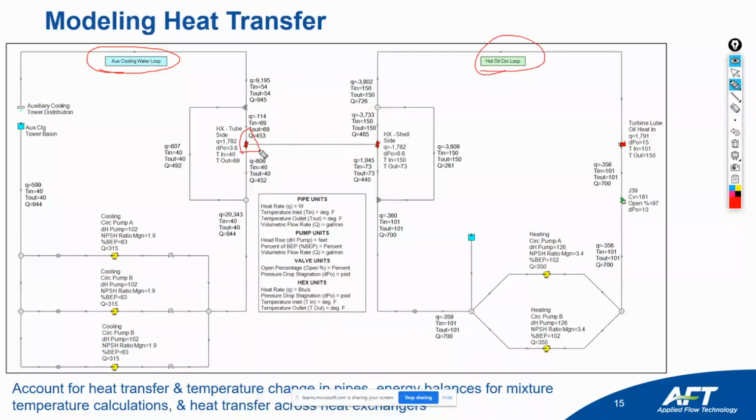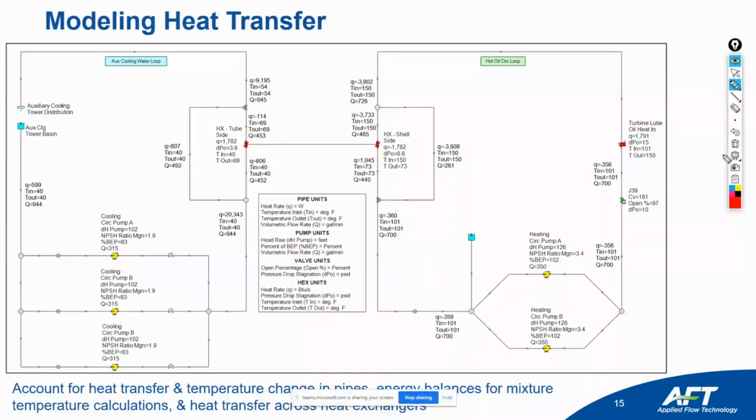And these two heat exchanger objects actually represent the same physical heat exchanger in the flow model. So the cooling water network, the cooling water flows through the tube side, while the hot oil flows through the shell side. And we've got a couple of valves here that can be tuned to change flow rates or temperatures.